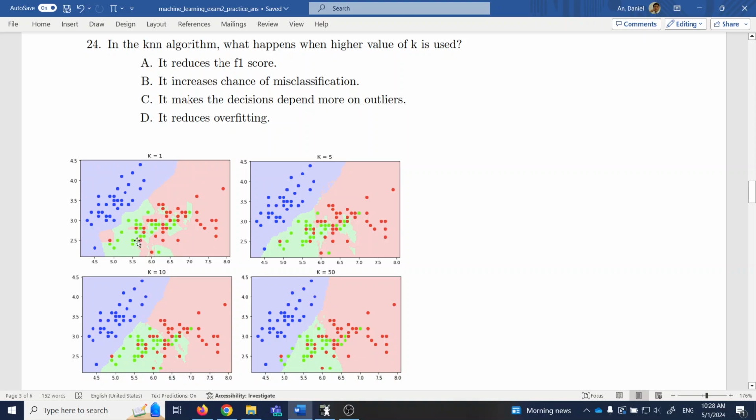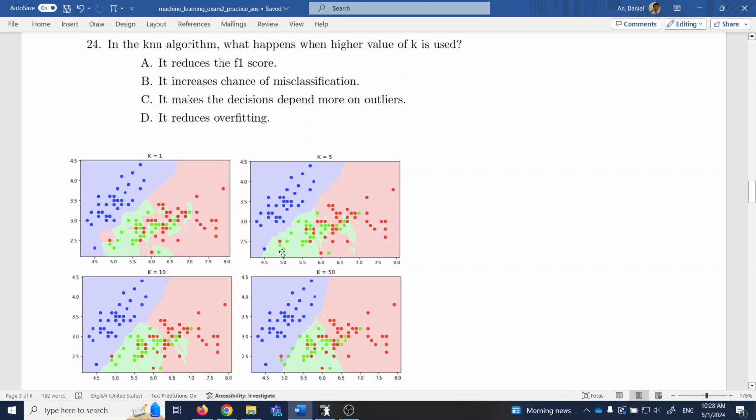So you can think about what the better classification would be if you were doing this as a human. If your test point was somewhere here, you would say, well, there's a red point nearby, but you really don't want to say that it should be red because that's more like an outlier in this data, right?